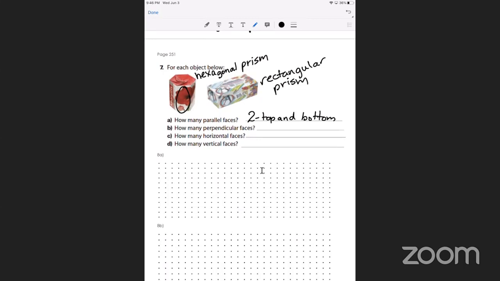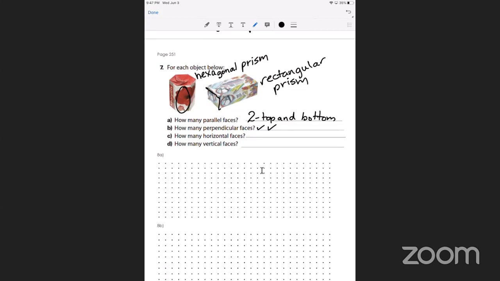And for the rectangular prism, how many perpendicular faces? Well, that's perpendicular. And then the other side. And then the bottom. So the top and the right is one set. So that's one. And the bottom and the right is another.